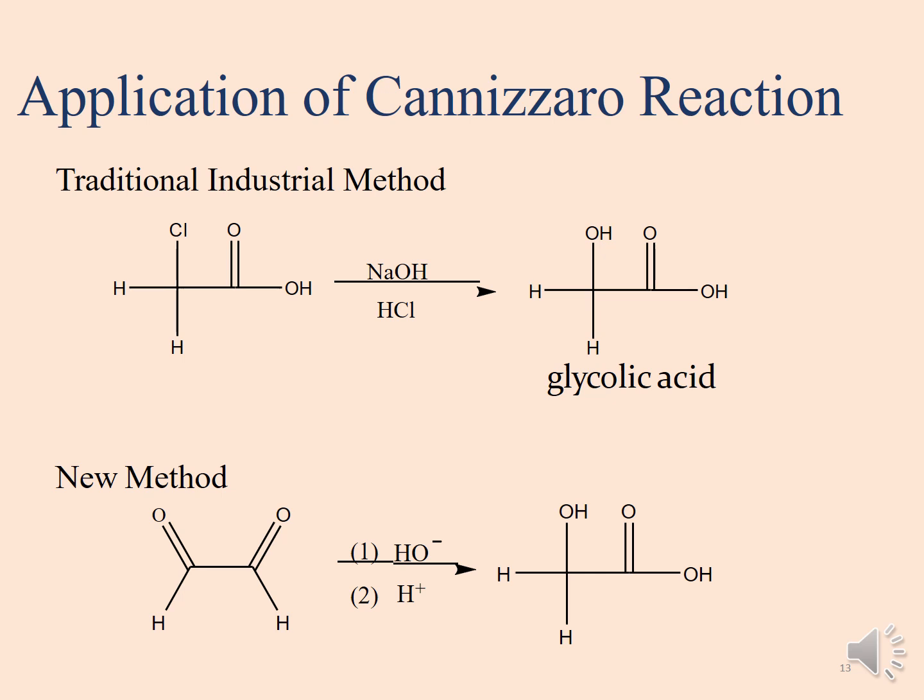Another example of the Cannizzaro reaction is the traditional industrial method. The traditional industrial method involves the reaction in the presence of base and acid to form glycolic acid, and in the new method the reactant reacts in the presence of base and acid to form the product.